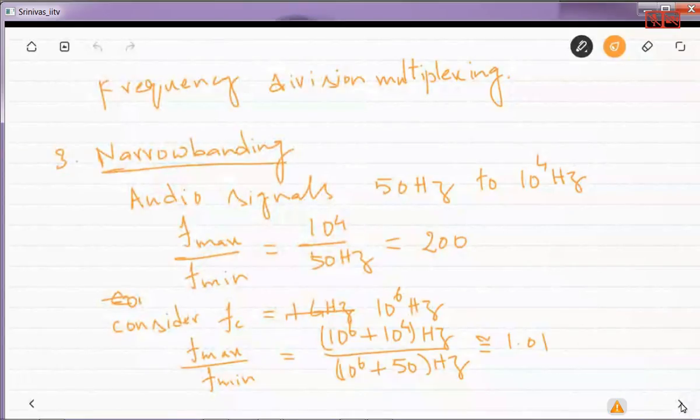So what is a wide band signal and what is a narrow band signal? Maybe you would have studied this in signals and systems, but a narrow band signal is defined as one where, with respect to its center frequency, the bandwidth is much smaller. So let me write that down.